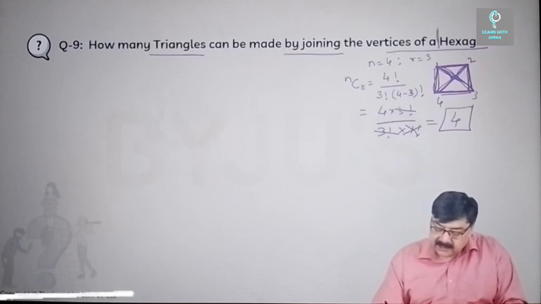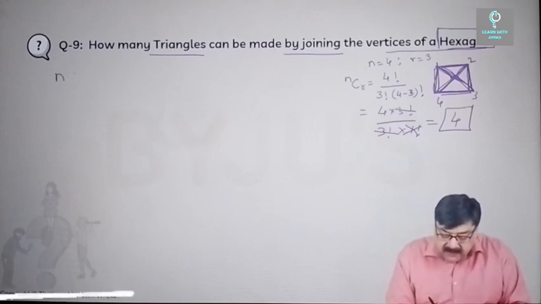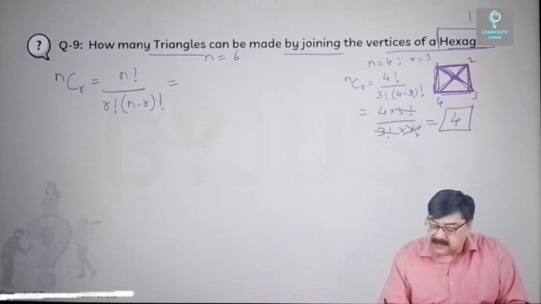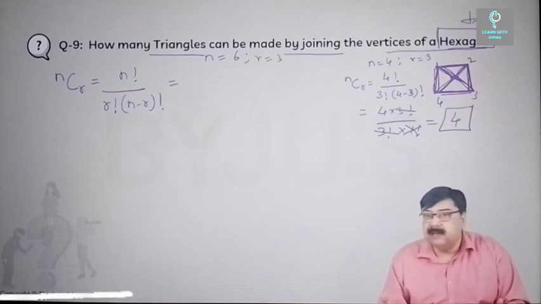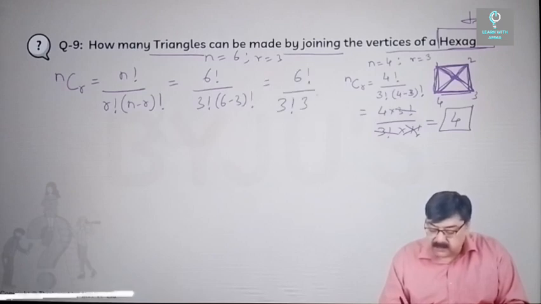Now here it is asked the number of triangles that can be made by joining the vertices of a hexagon. So once again, we will apply nCr, that is equal to n factorial by r factorial into n minus r factorial, the formula. Now here the value of n will be 6 for the hexagon, and we are going to choose 3 points at a time to form a triangle, because a triangle is formed with 3 points. So it is 6 factorial by 3 factorial into 6 minus 3 factorial, which becomes 6 factorial by 3 factorial into 3 factorial.